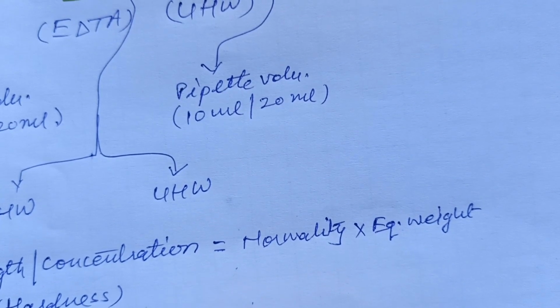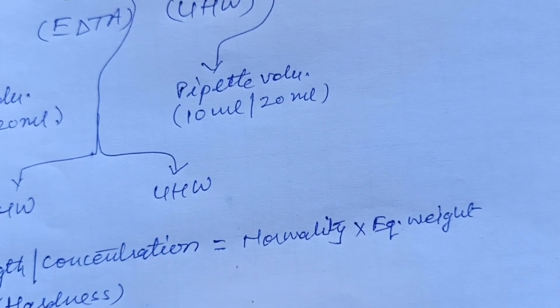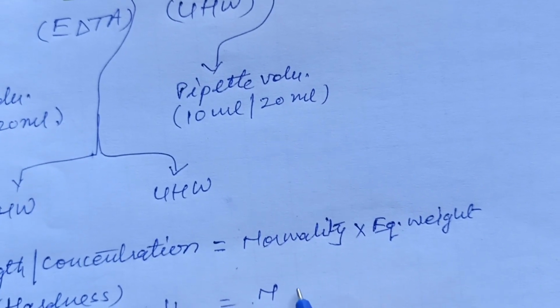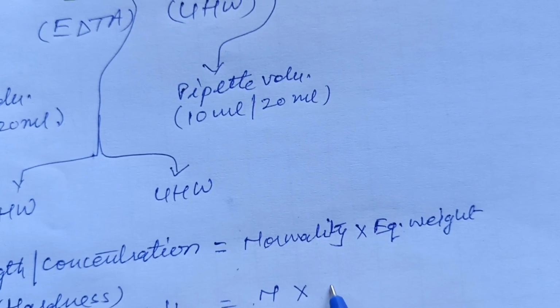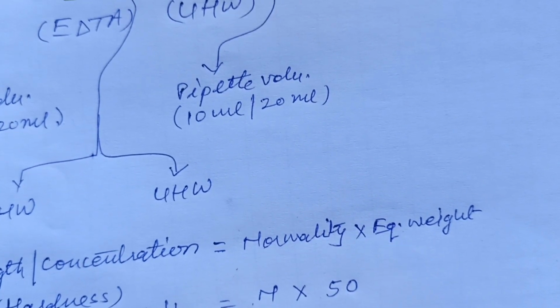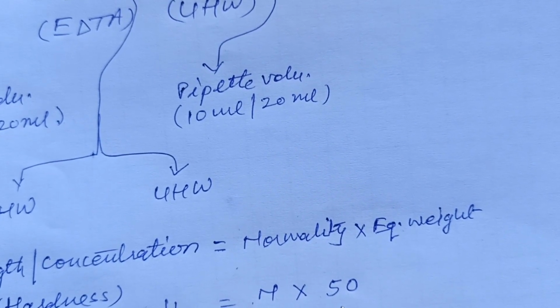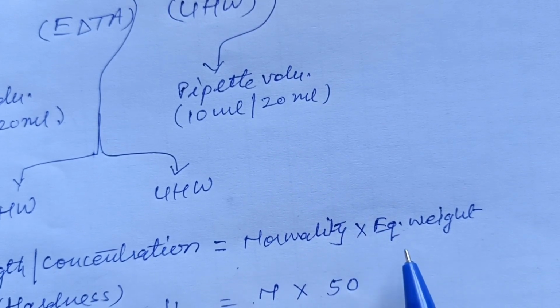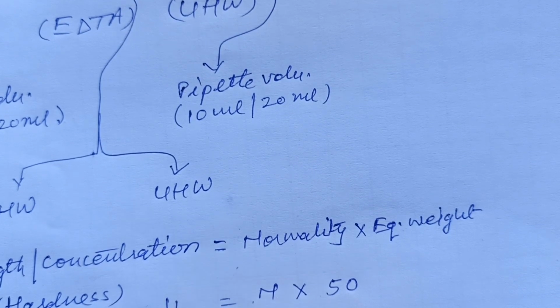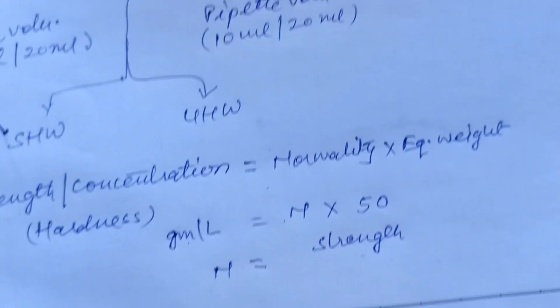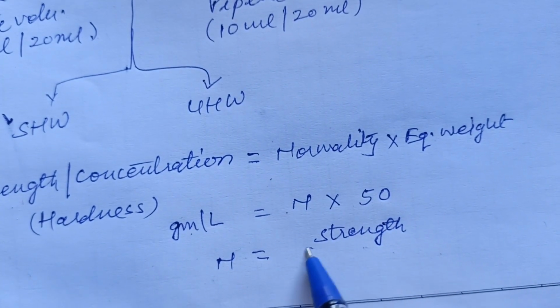So if the strength is given in gram per liter, then normality is calculated when we multiply by the equivalent weight of calcium carbonate, 50. We know that hardness is calculated in context of calcium carbonate equivalents. So we multiply normality by 50, and this normality equals the strength divided by 50.